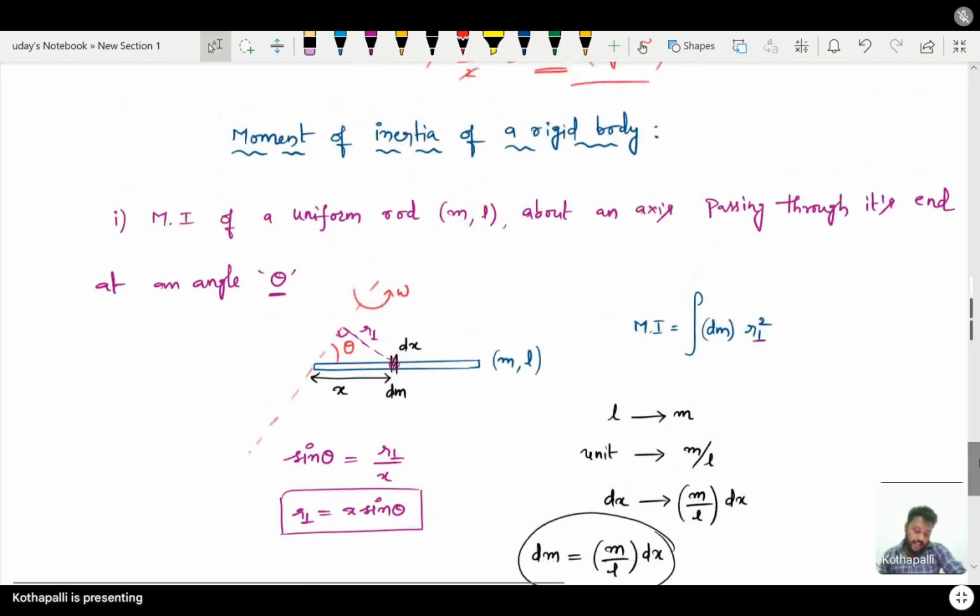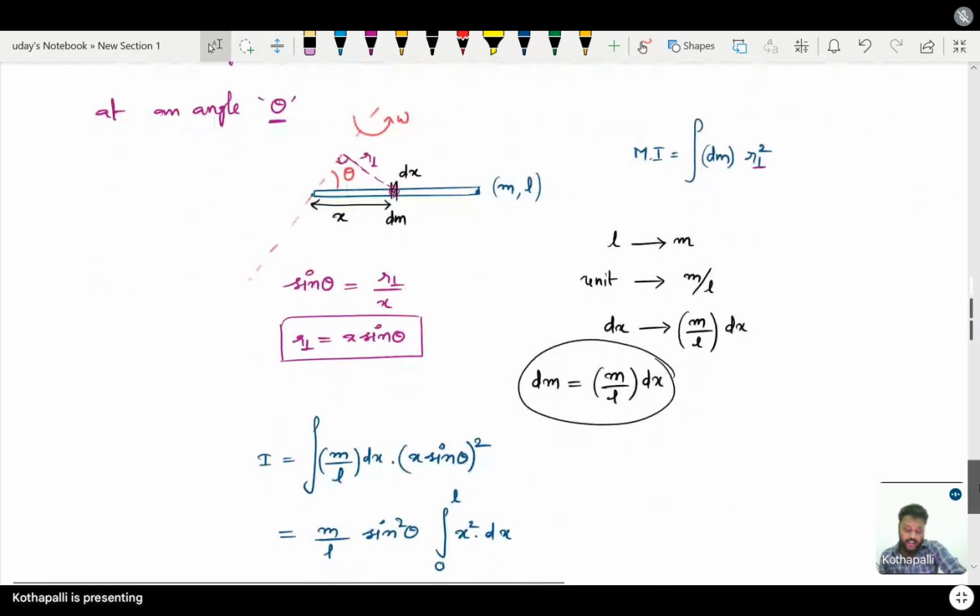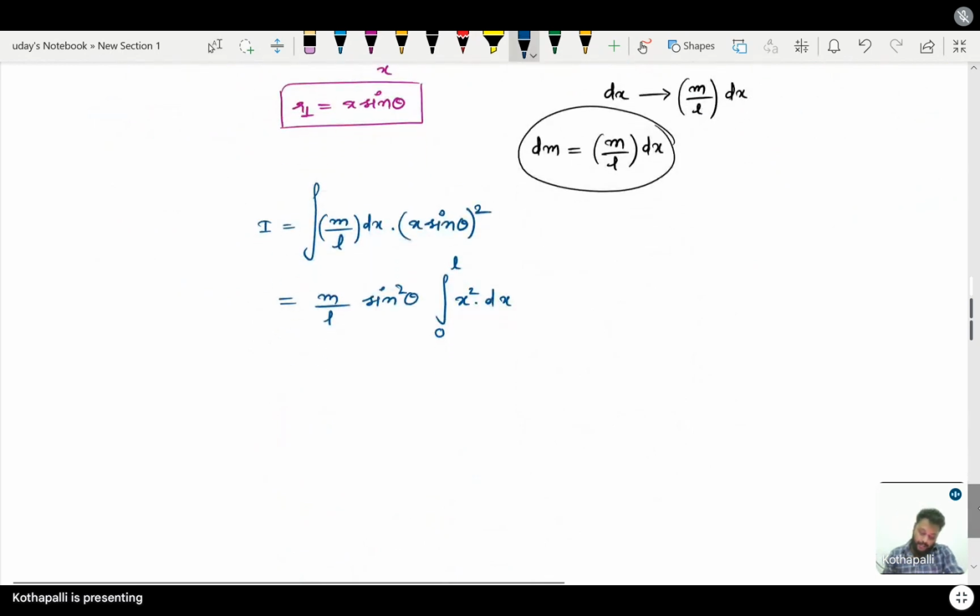Here the starting value of x is 0, and the ending value of that same x is L. So from 0 to L, if we integrate, we can write m by L into sine square theta into the integral of x square dx, which is x cube by 3.